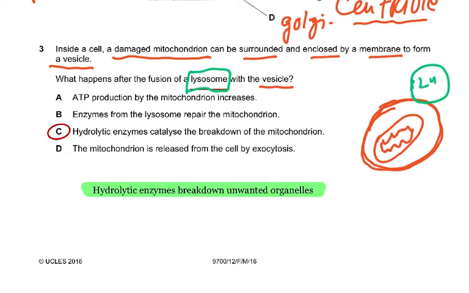ATP production by the mitochondrion increases. Enzymes from the lysosomes repair the mitochondrion. Hydrolytic enzymes catalyze the breakdown of the mitochondrion. The mitochondrion is released from the cell by exocytosis. So hydrolytic enzymes break down unwanted organelles. We all know the role of lysosomes, and lysosomes contain hydrolytic enzymes. So that was the answer to question 3.